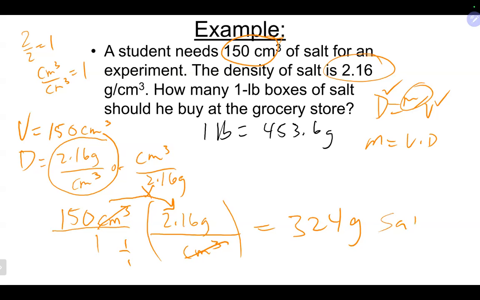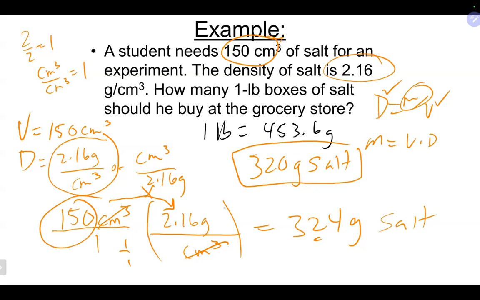In terms of significant figures, what should it be in this case? It should really be 2 significant figures, which would take us to about 320 grams of salt, as this is 2 sig figs and this is 3 sig figs, and we're multiplying here. So we look at significant figures for our answer.